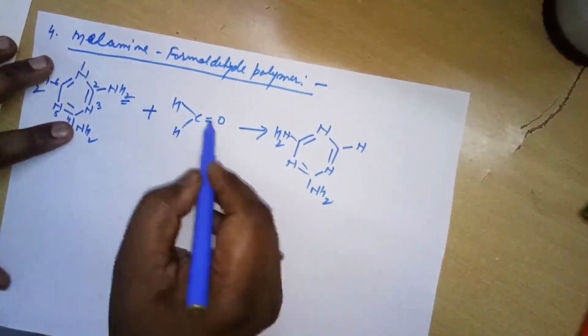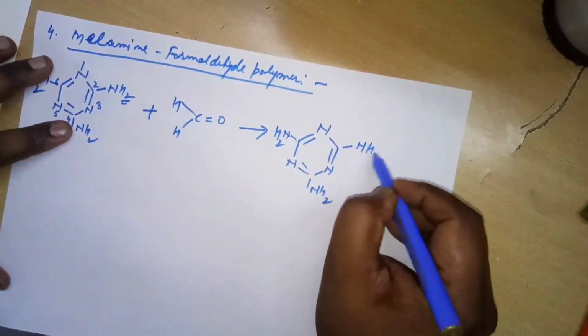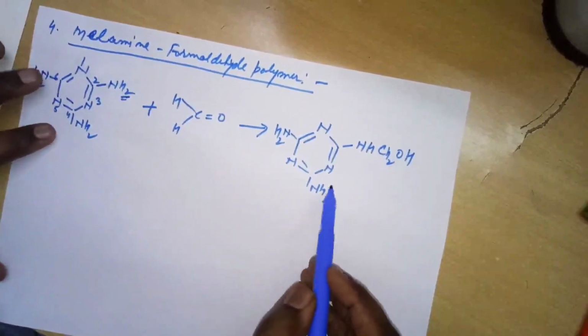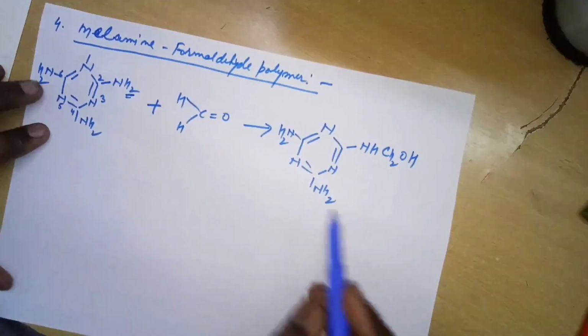Here, this is linked here with CH2OH. This is the monomer for melamine formaldehyde polymer.